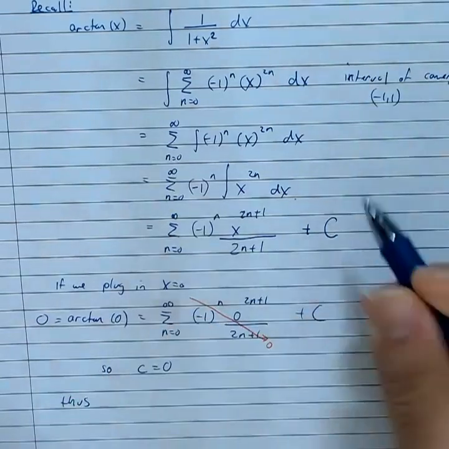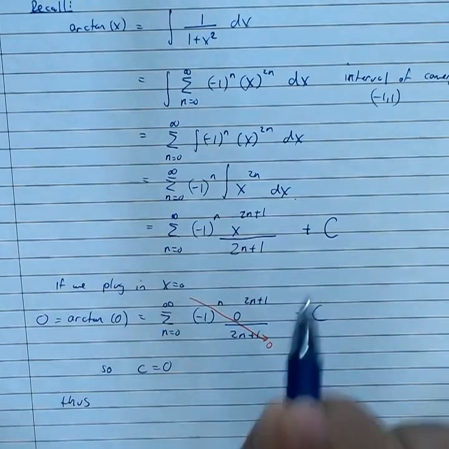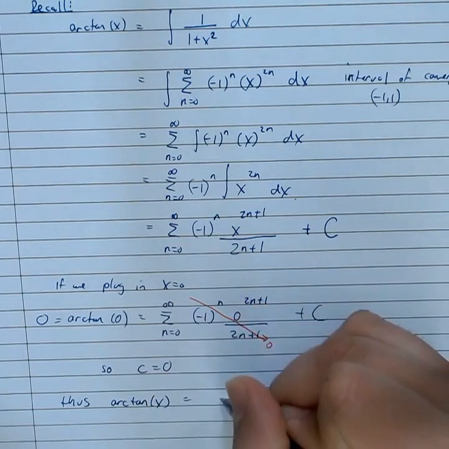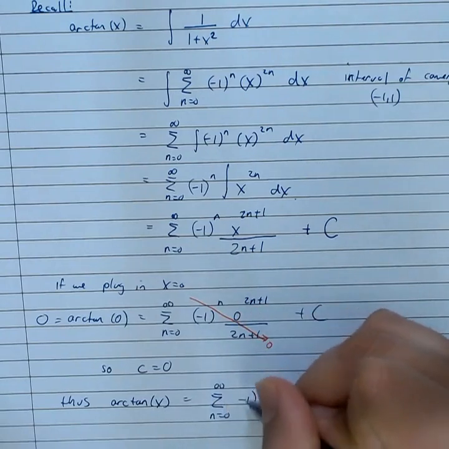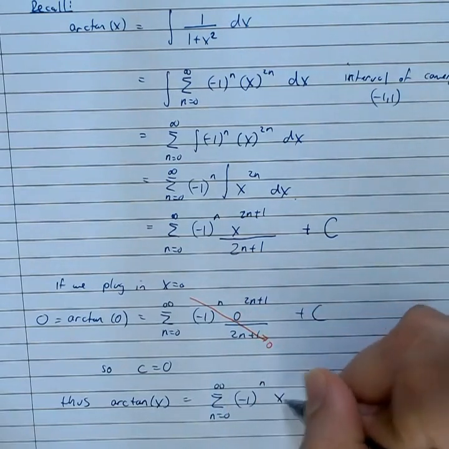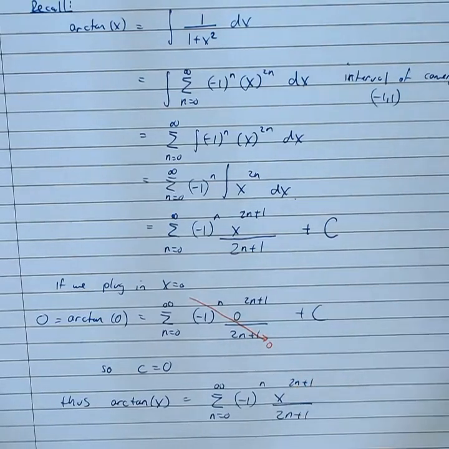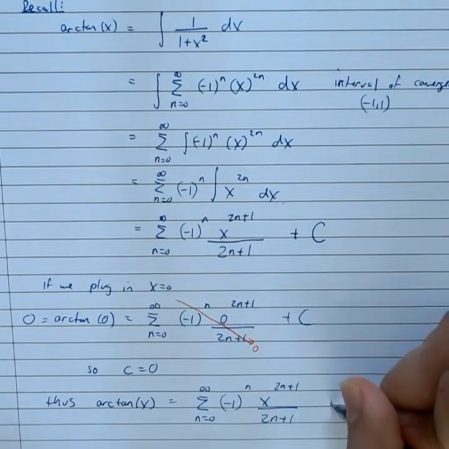Thus, that tells us that that C should just be 0, and that's the one and only power series that we want. So that gives us that the arctangent of x is equal to the sum as n goes from 0 to infinity of minus 1 to the power n times x to the power 2n plus 1 over 2n plus 1. Or at least it is, as long as you're between minus 1 and 1.